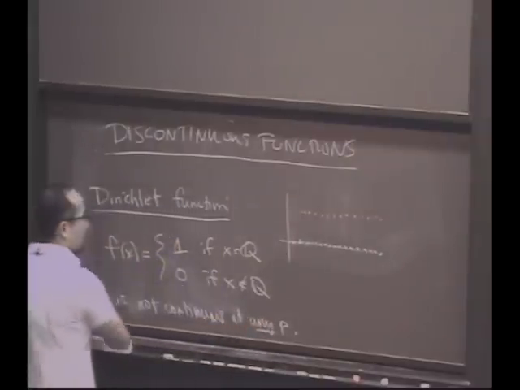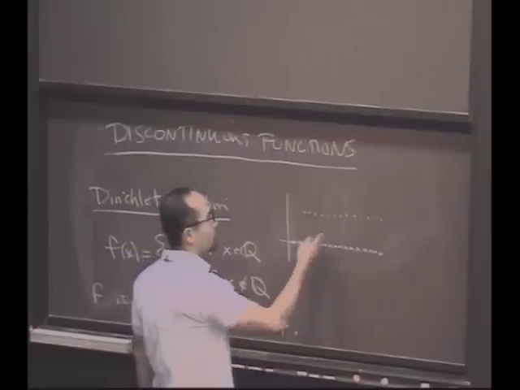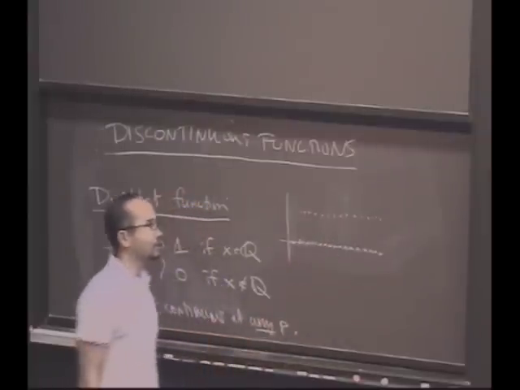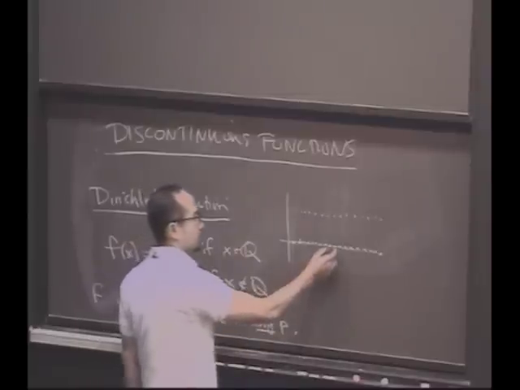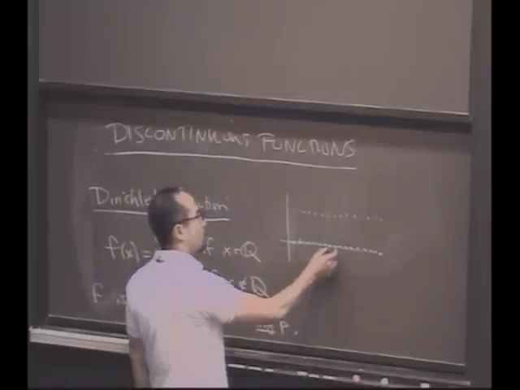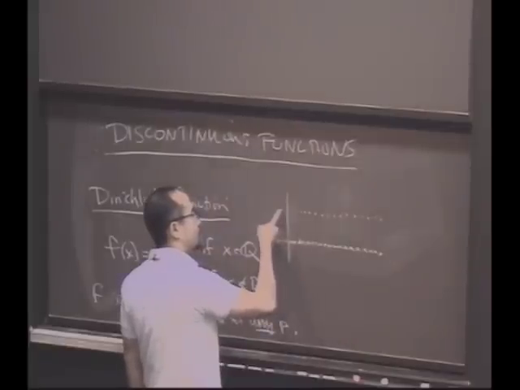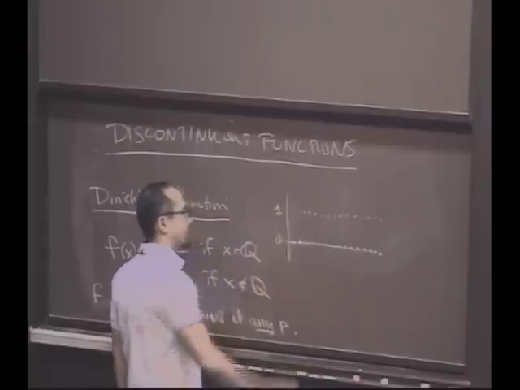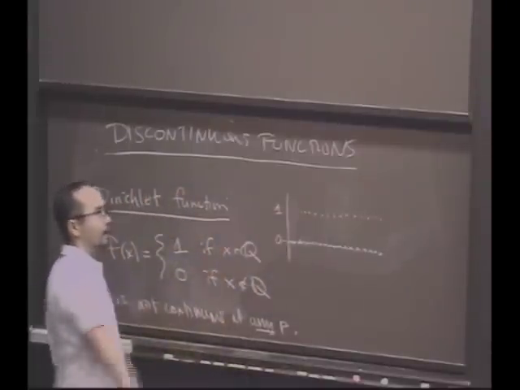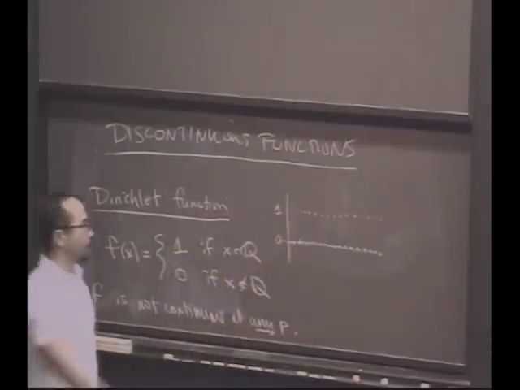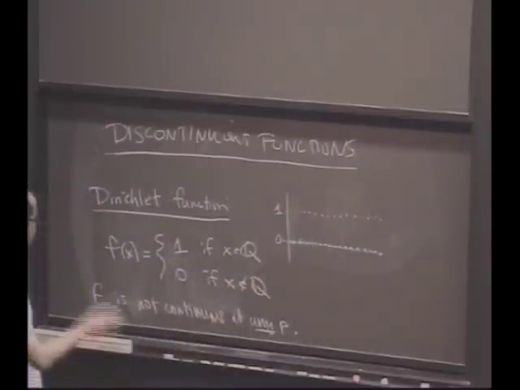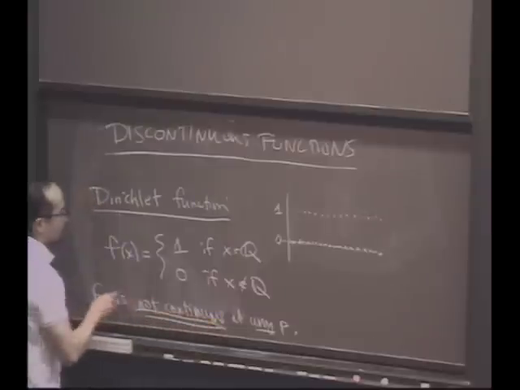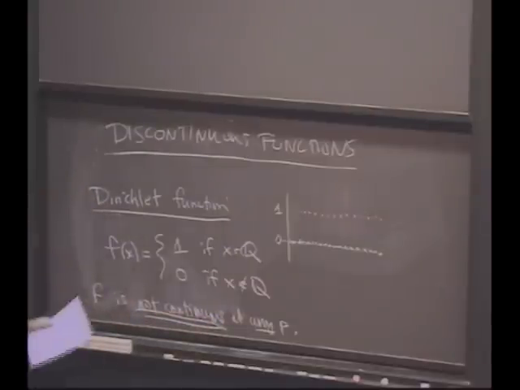So a very easy way to see this is no matter what point you pick, if you take a ball around it, that's an open ball, it'll contain rational and irrational points, right? So whatever its image is going to be, it's going to contain points that are close to 1 and close to 0. So if you pick epsilon less than a half, then you will have trouble satisfying the definition of continuity. Okay, good. So this is clearly not continuous, and it's a mildly interesting function.